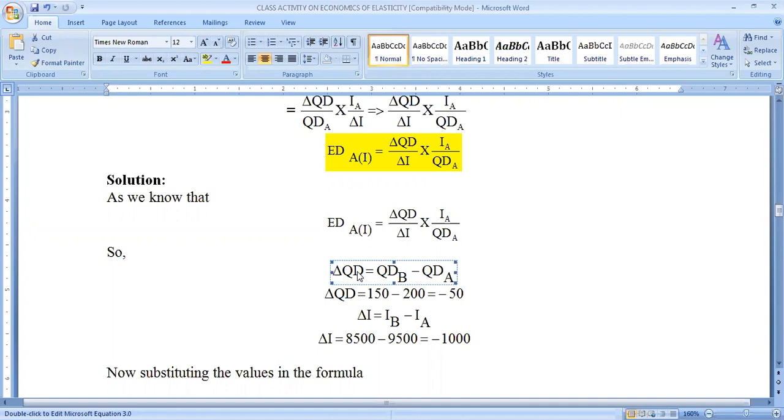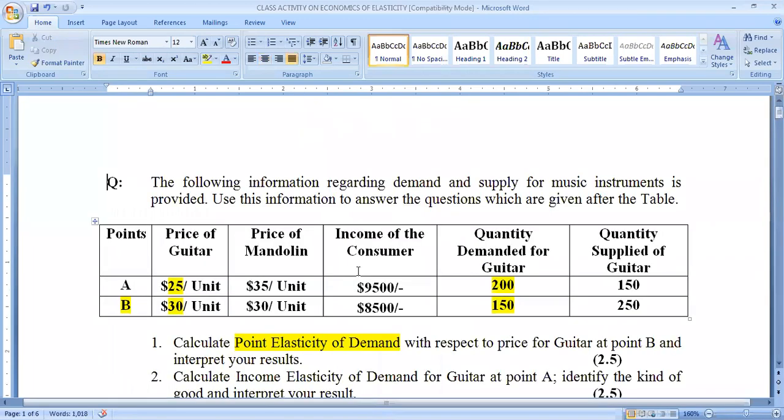And delta I can be found by taking the difference of income at point B and income at point A. Let's move towards the table. Income at point B is $8,500. It is given.